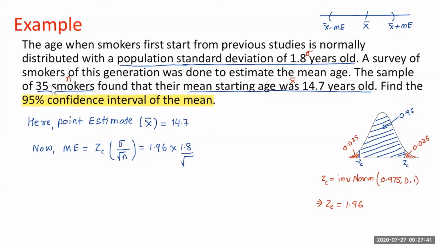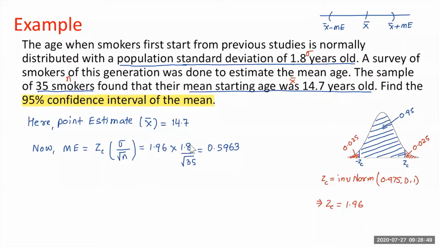N is 35. Now, I want you to use your calculator to simplify this one.